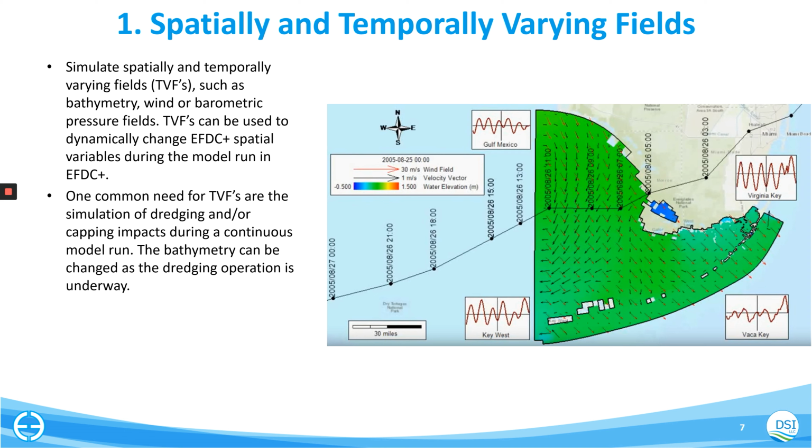So if you have, say, a dredging operation or a filling operation, and you want to run the model over a 2-year period, and in the middle of that, there's a dredge, you can use this capability with bathymetry, just run the model continuously, but at the time of the dredge, you would change the bathymetry from the pre-dredge condition to the post-dredge condition, and EFDC will just do a continuous simulation accounting for the change in bathymetry.